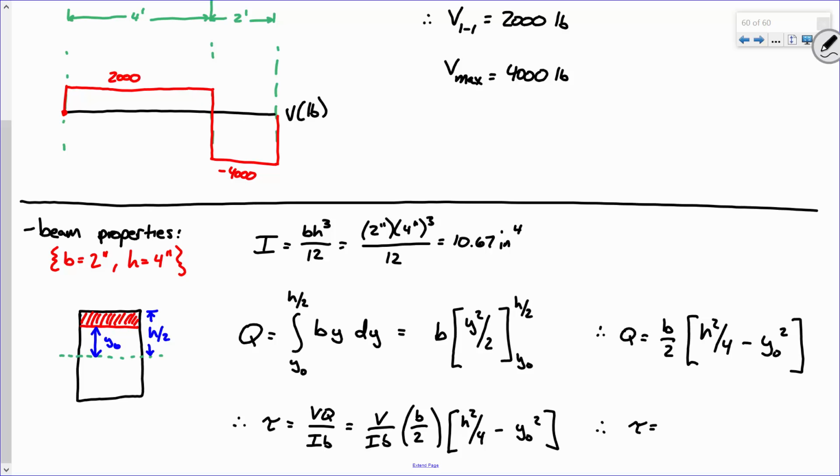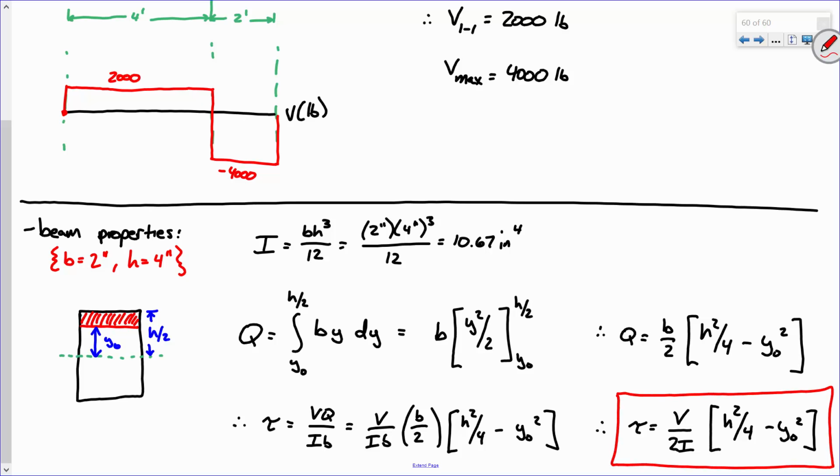They drop out. Now I actually wanted to go through and derive this formula for us. That is the shear stress formula for a rectangle. Nudge, nudge, wink, wink, hint, hint, formula sheet for celebrations. That's a good one to put on there.